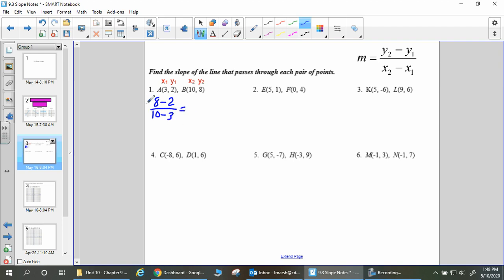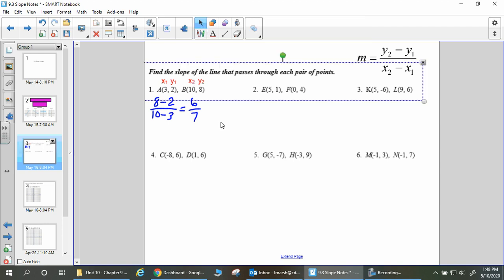So now perform the subtraction. 8 minus 2 is 6 over 10 minus 3 is 7. Once you have a single number on the top and bottom, this is where you would simplify your fraction if you can. This is a 6 over 7. That's not something I can simplify. So 6 over 7 is my slope.